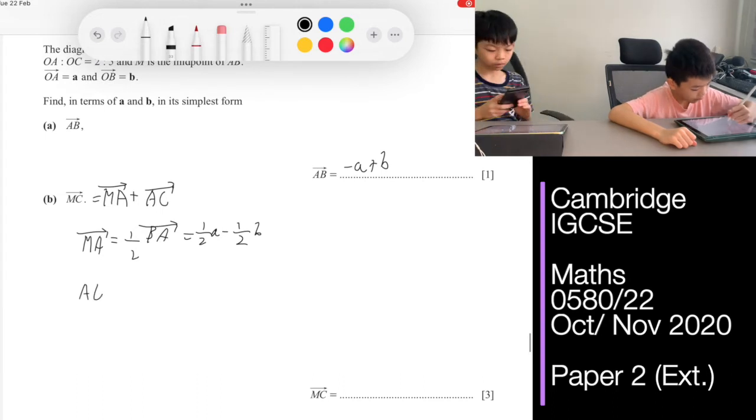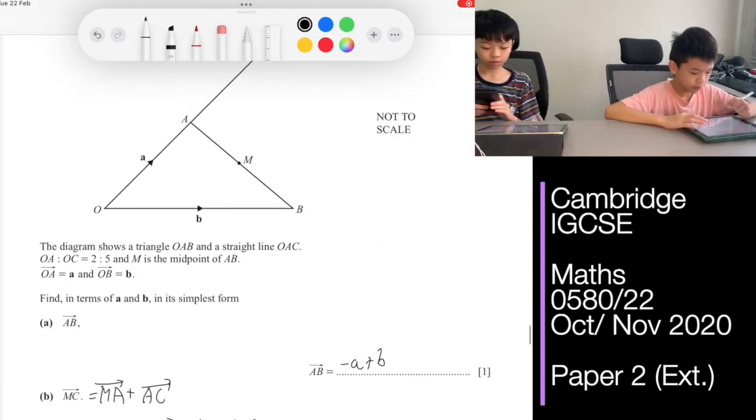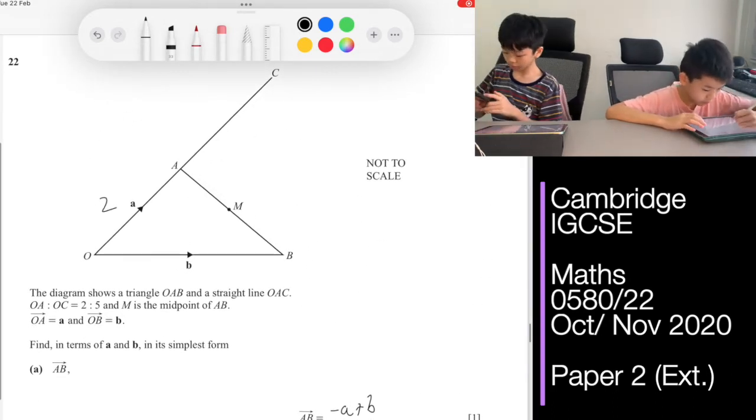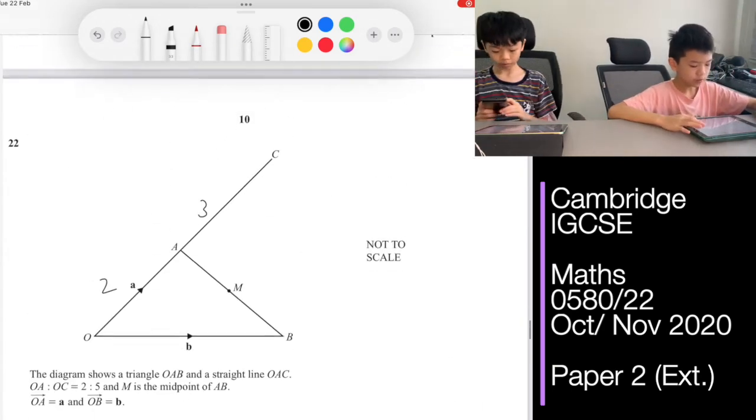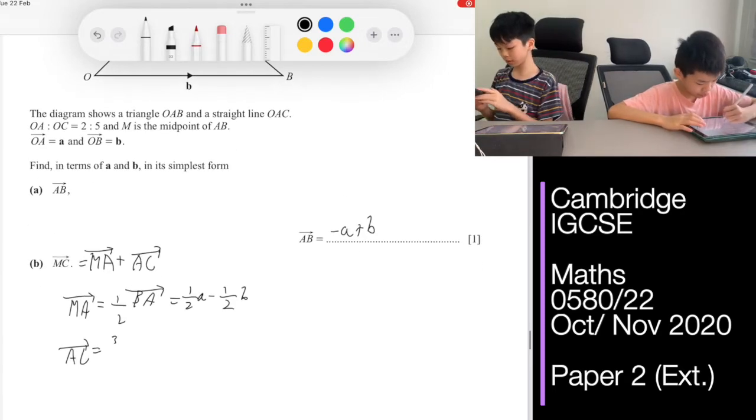So AC equals, okay, this is 2 to 3 since it's 5 minus 6. So AC is 3 half a.